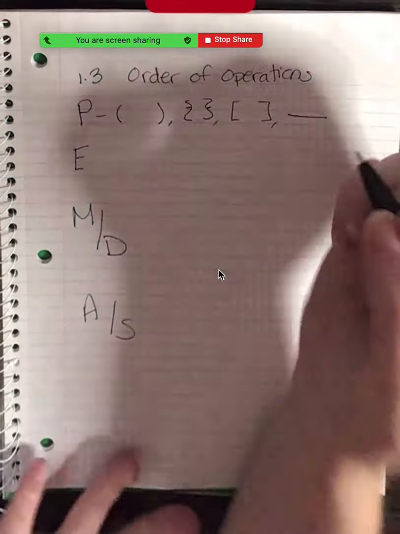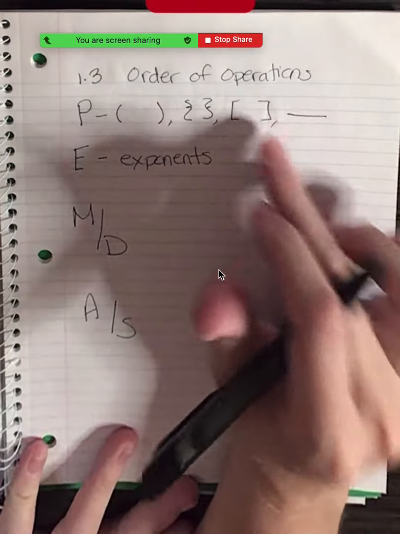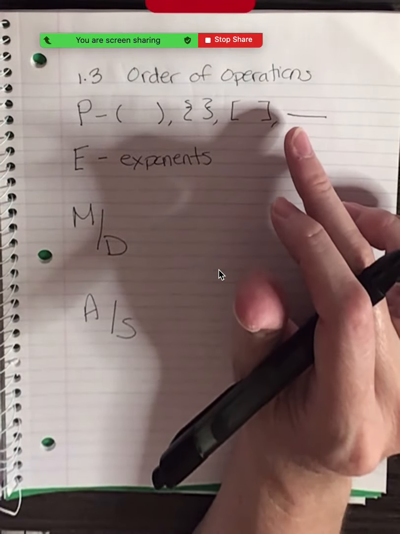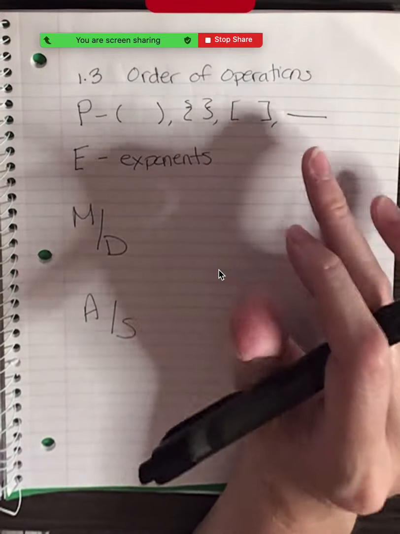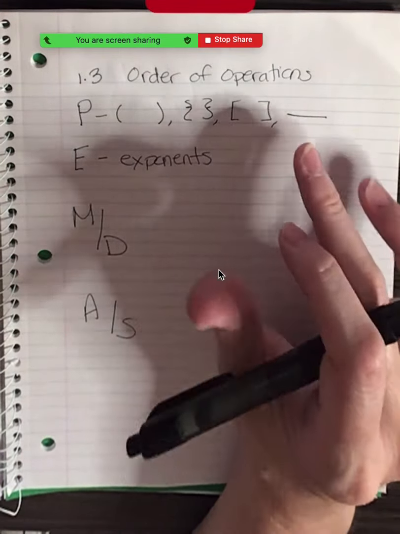E is for exponents. Again, with these grouping symbols, it's talking about any grouping symbol, so anything that's put together. So perform operations within these grouping symbols. Okay, radicals are here too.